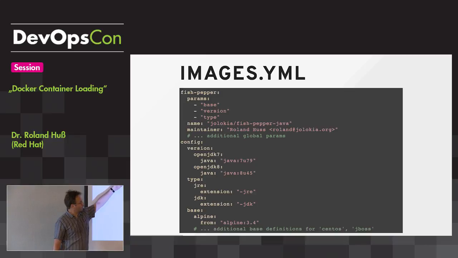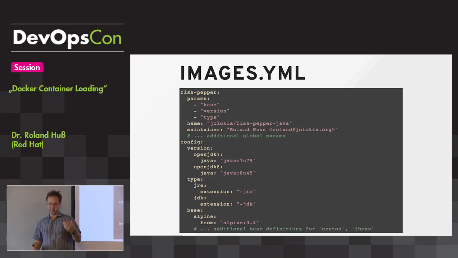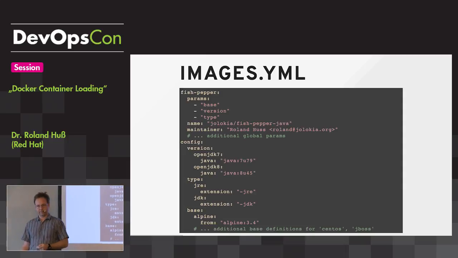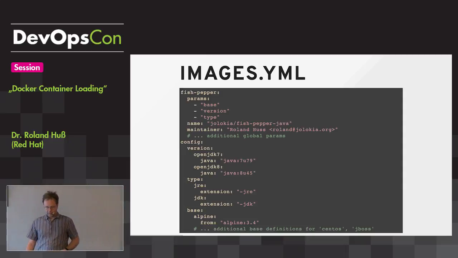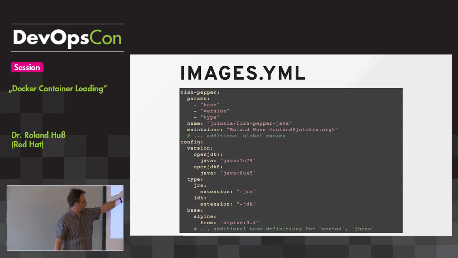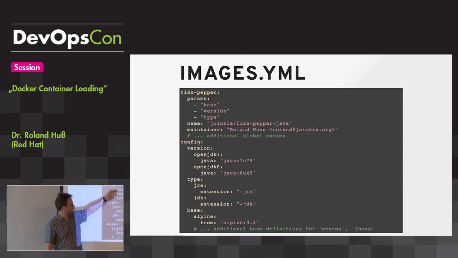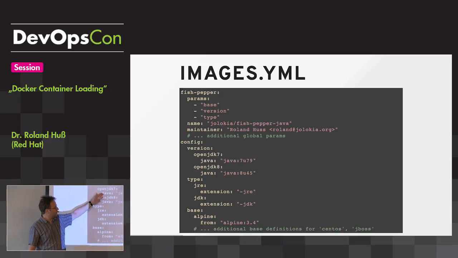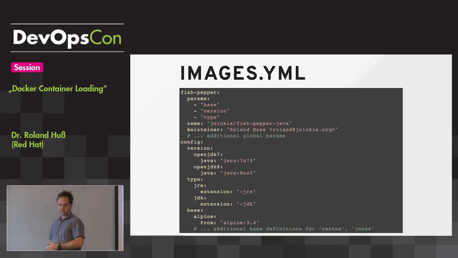In this configuration part you see different sections for version, type, and base, and then the different possible values for these parameters. What Fishpepper does in that case is simply iterate over all permutations of all these parameter values. So you have the same named variables which you refer to in your Dockerfile template, but the value is different depending on the iteration you're in when it's running.